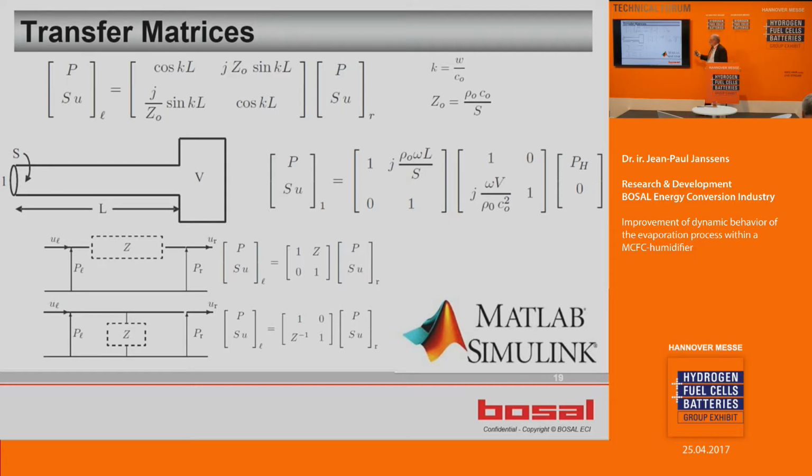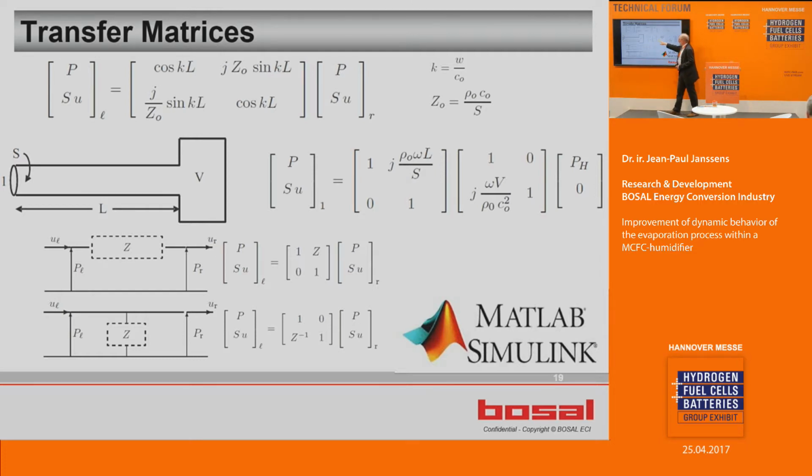This is the transfer matrix approach of an exhaust system or an inlet manifold. People from automotive recognize this as well. Inlet manifolds are designed based on this type of matrix for a pipe, so that, for instance, this can be simulated as one pipe and another pipe, simplified here to the tube, and here to the volume.